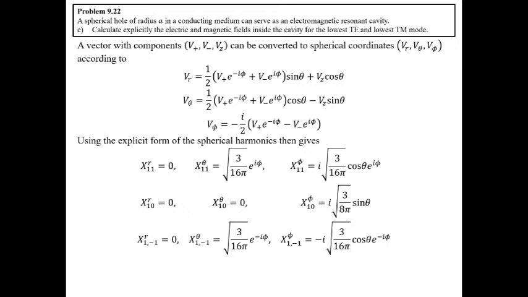A vector with components v plus, v minus, v z can be converted to spherical coordinates v r, v theta, v phi, according to the relation below. Using the explicit form of the spherical harmonics, then equation 4 turns out below.